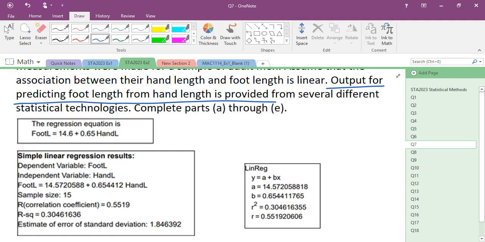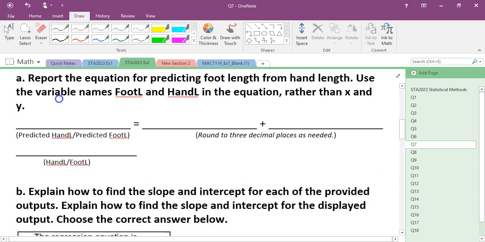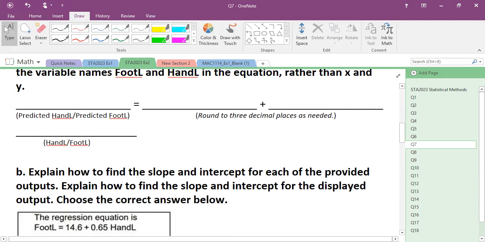Hand length is your independent variable. So that means that foot length is our dependent variable, which makes sense because right here it says predicting foot length. When you are predicting something, that's your dependent guy. Okay? So when we're down here, who goes right here in the first blank? The predicted hand length or predicted foot length? The foot length. Because this is what we're trying to predict.